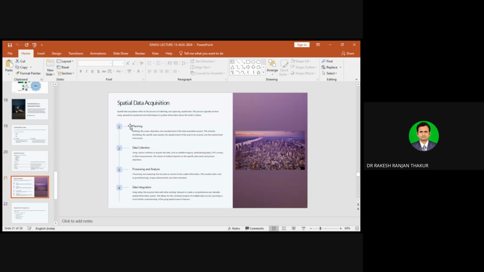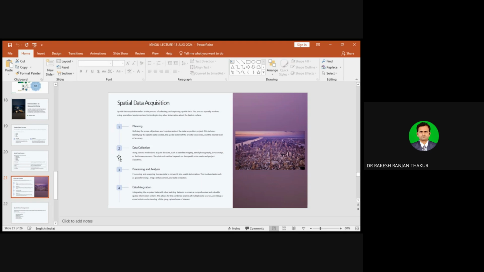We have to plan: this is my area, and in this area I would like to go there, and for that we need planning. Then data collection, different methods like aerial photograph, GPS survey, field measurement, and many more. By using that you can collect the data, then we can process the data, we can analyze the data.